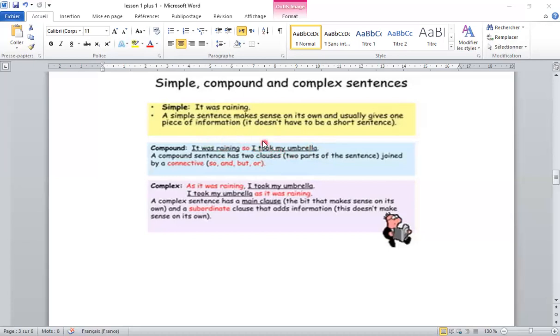What links between them? So is a connective. That's why we call this a compound sentence. A compound sentence has 2 clauses, or 2 parts, which are joined or linked with a connective like so, like and, but, as I showed you in the beginning in the chart. Connectives of ideas, connectives of order, connectives of similarity, etc.